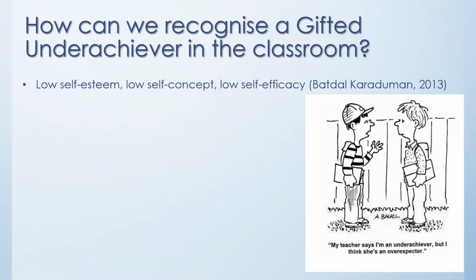This is a very common attribute of a gifted underachiever, and we know that children with low self-esteem often find it difficult to concentrate and sustain their interest for long periods. So if they are not achieving at something, they are more likely to give up on problems as opposed to facing them and persevering until they achieve a favourable outcome.